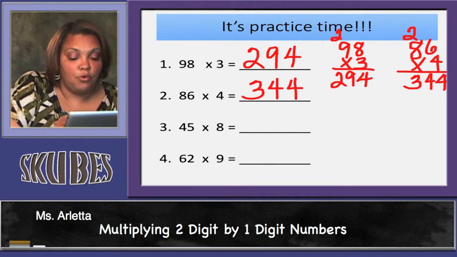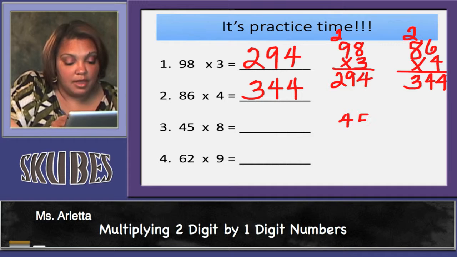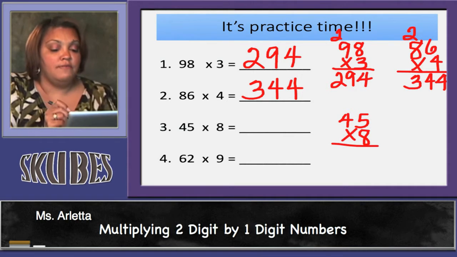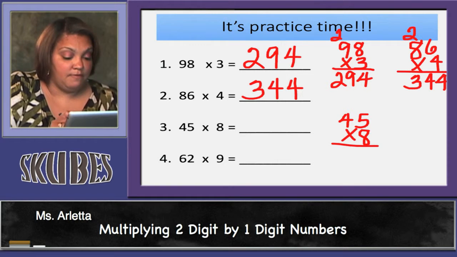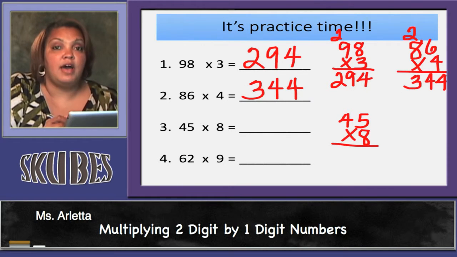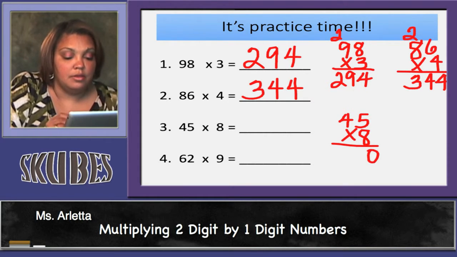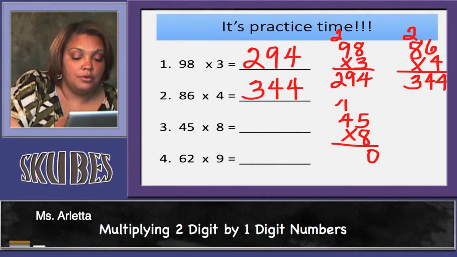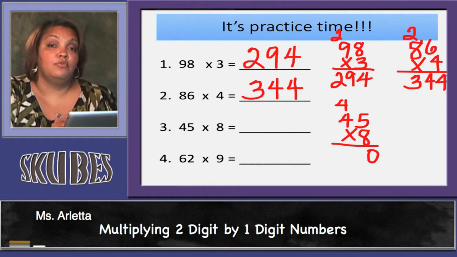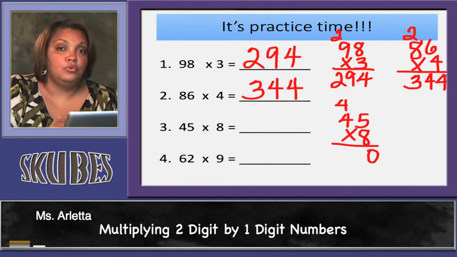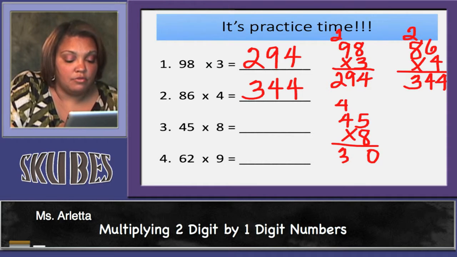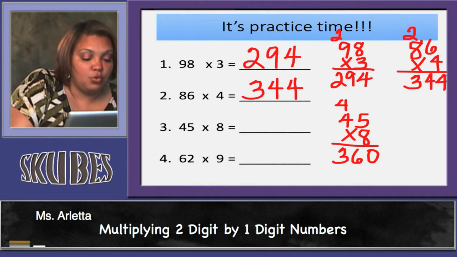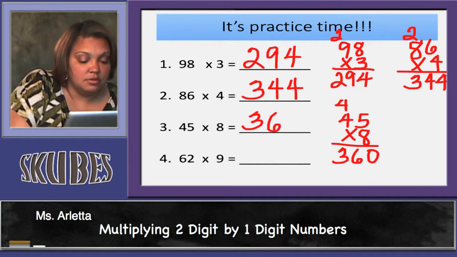The next one is 45 times 8. We have a multiplier of 8 and a multiplicand of 45. 8 times 5 is 40. I would carry my 4 here. 8 times 4 is 32, plus that 4 makes 36. 360.